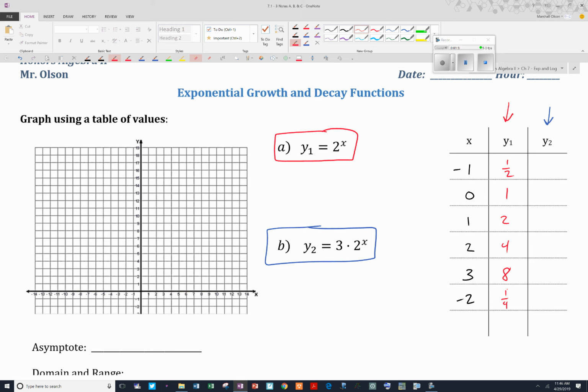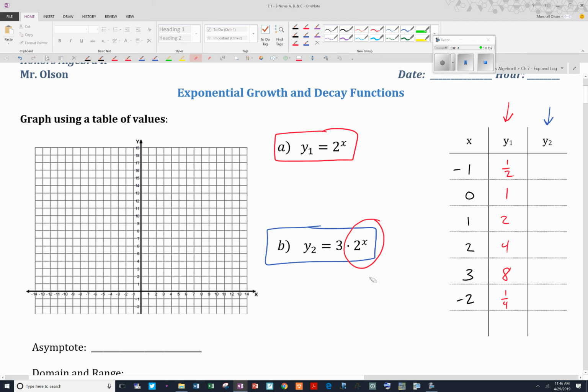All right, so now that we have those values, when you start doing that blue function, look at the order of operations. You're going to be doing the exact same thing we just did in the red function, except you're going to be multiplying it by what?